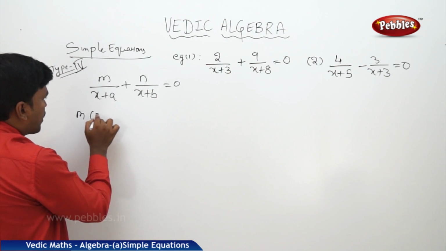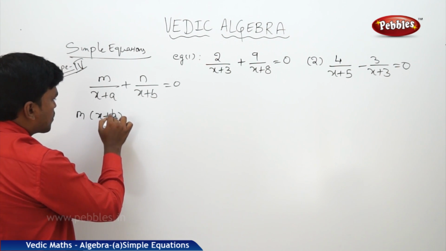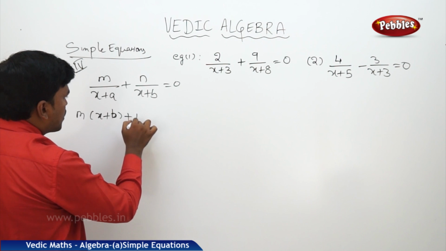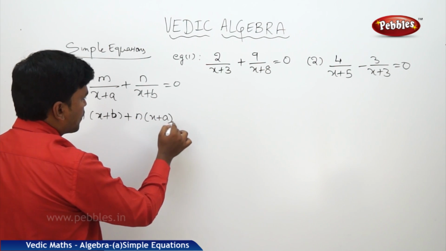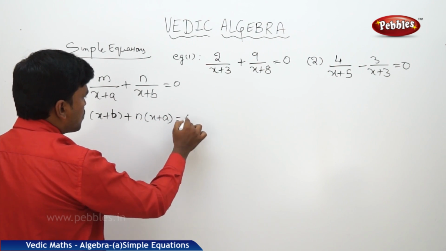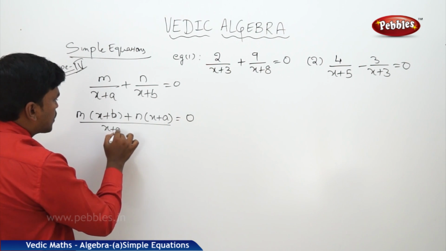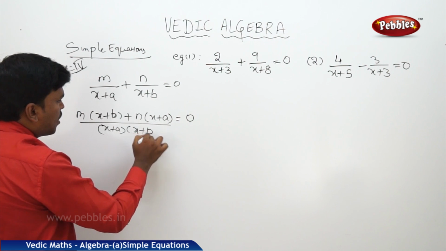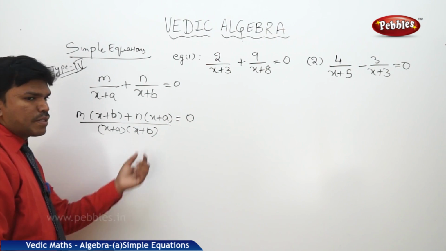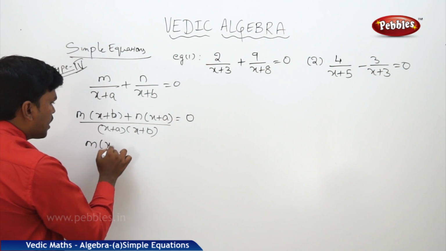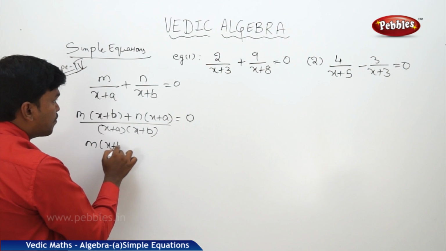So first m into x plus b, plus n into x plus a equal to 0. Anyhow, this x plus a into x plus b, if it goes to that side, it will become 0. So m into x plus b plus n into x plus a.